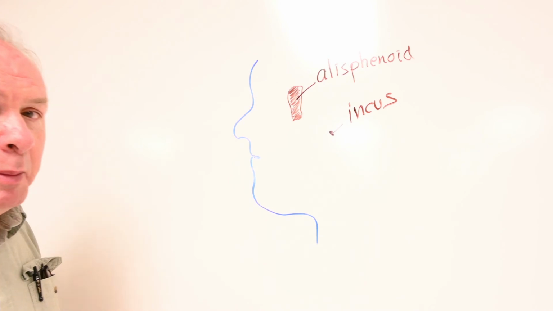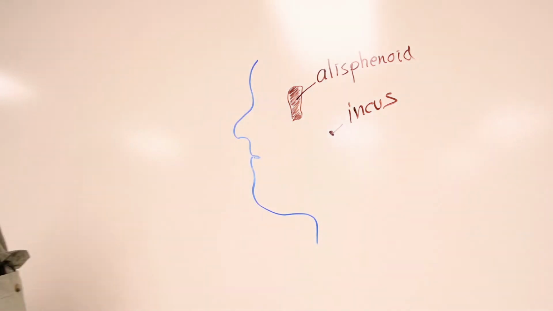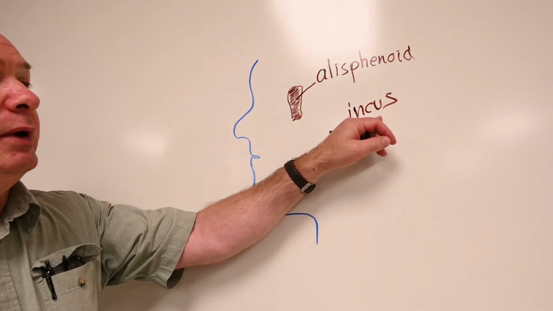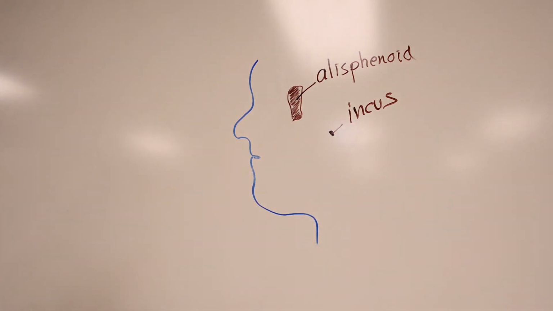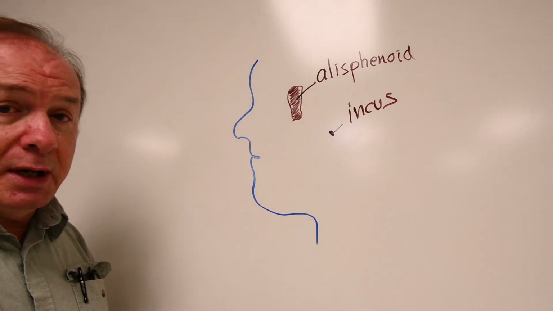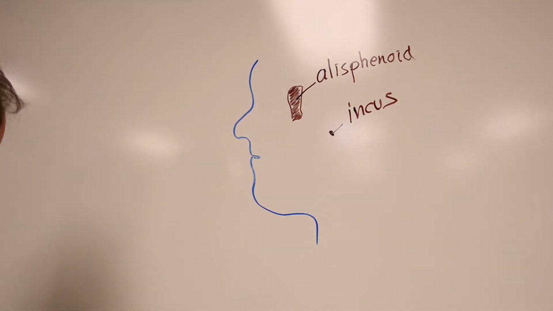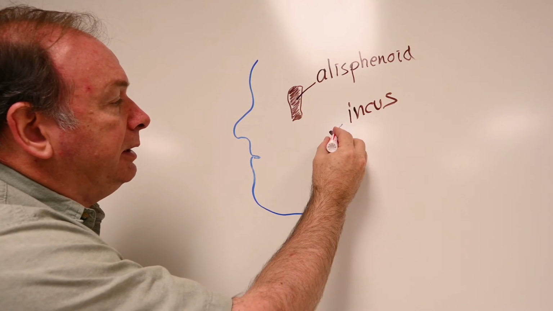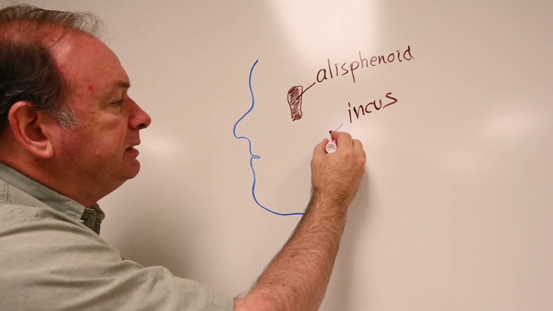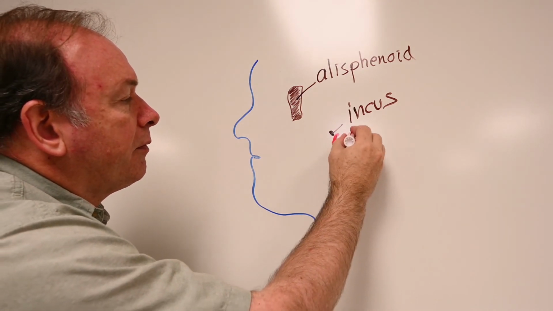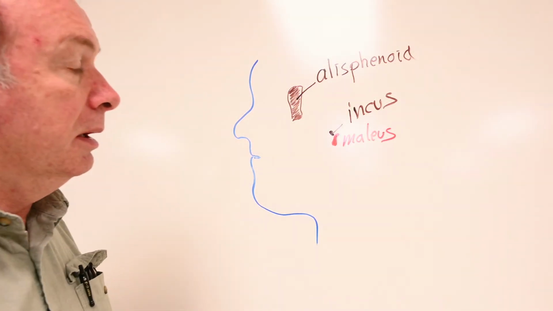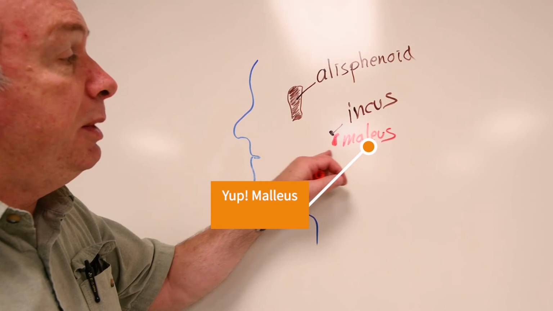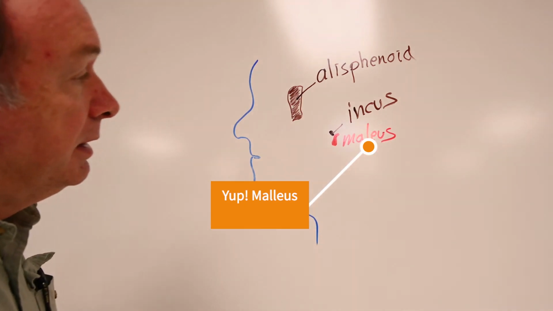One of your small middle ear bones, known as the incus, and we're going to talk about the derivation of the incus a little later on, but that's also derived from that original palatal quadrate, the first component of the upper jaw. The middle ear bone known as the malleus. It may have two L's in it, I'm not sure, but anyway, malleus is in there.